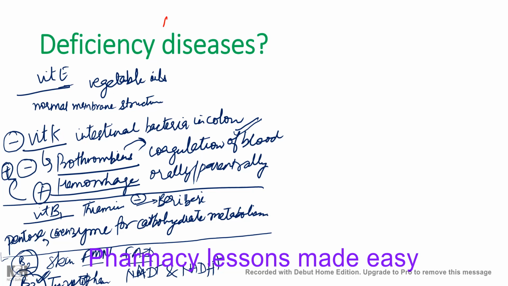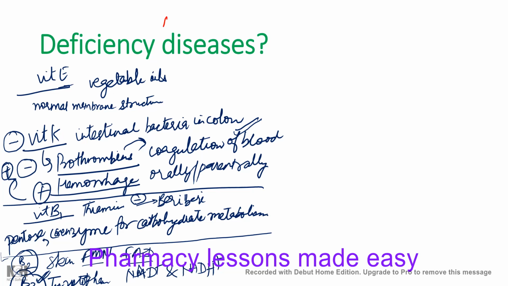Okay, so FMN is flavin mononucleotide, and FAD is flavin adenine dinucleotide. Okay, mono and dinucleotides. So these are also coenzymes which are redox active. They are derived from riboflavin, that is vitamin B2, and B3 is nicotinic acid.